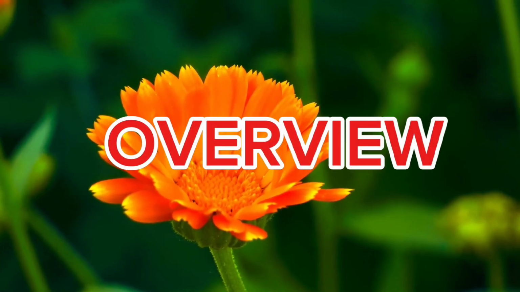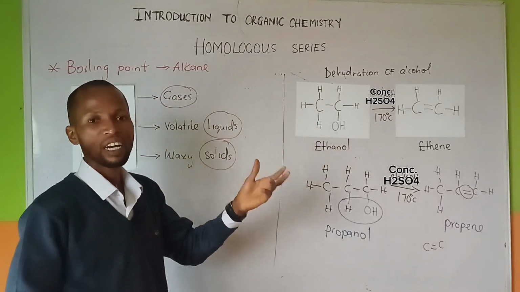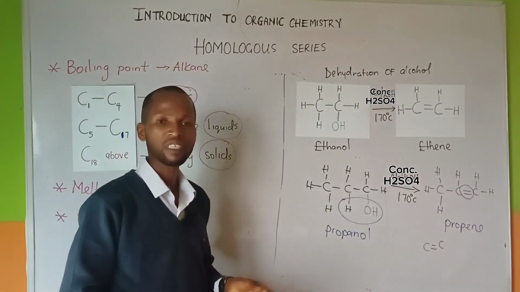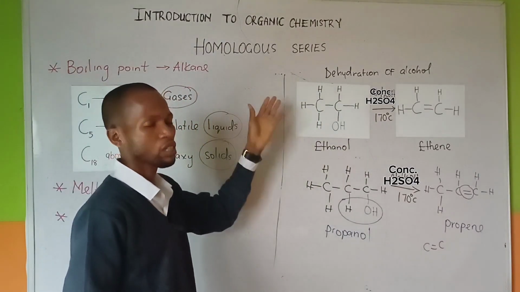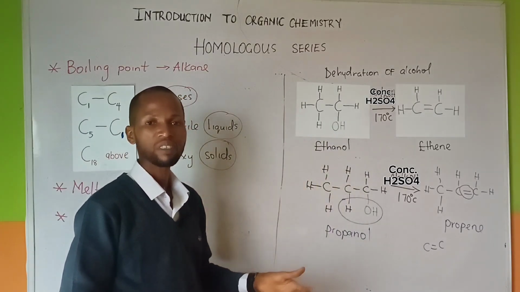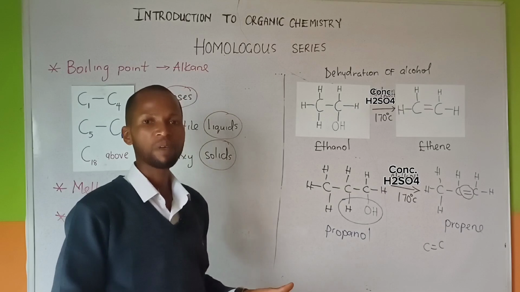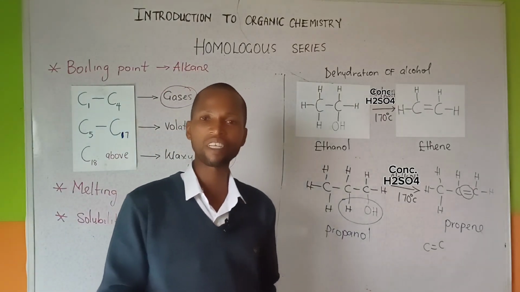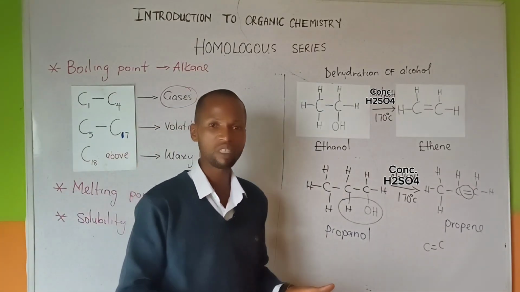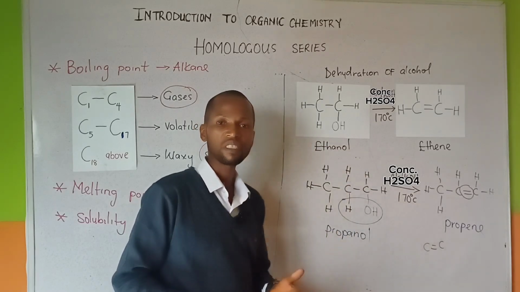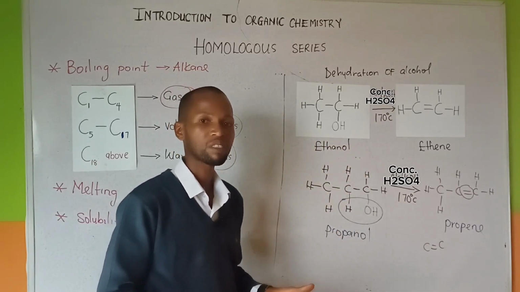In summary, we've been able to consider the characteristics of members in the same homologous series. We talked about their general formula. They have the same general formula. Number 2, each successive member differs from the next by a CH2 group or relative molecular mass unit of 14. We also talked about the physical properties of members in the same series.